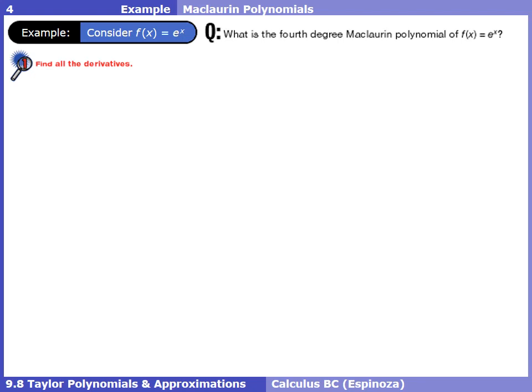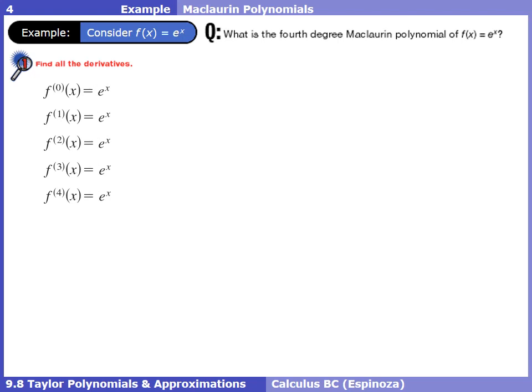So just like the last problem, since we want a fourth degree polynomial here, we need 4 derivatives. Luckily here, this is very simple because of the function we're given. The 0th derivative, again, is just our original function, so we don't do anything to it. And then luckily, every derivative is itself. The first derivative is e to the x, the second derivative is the same, the third derivative is the same, and the fourth derivative is also the same.